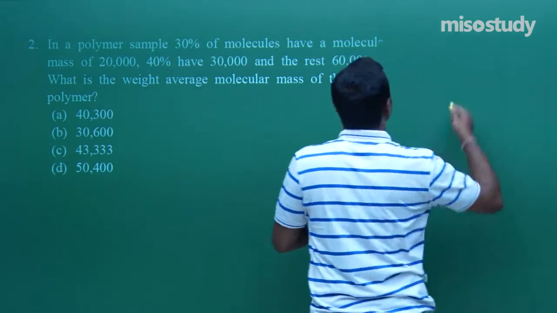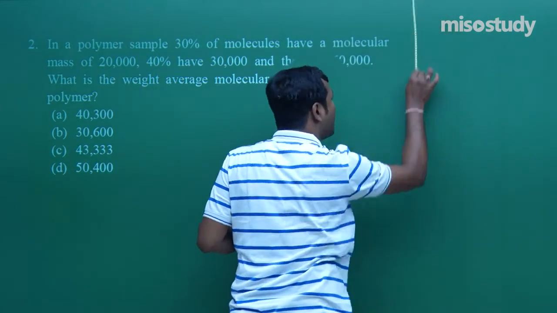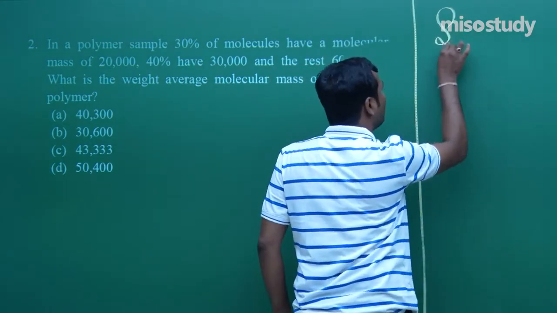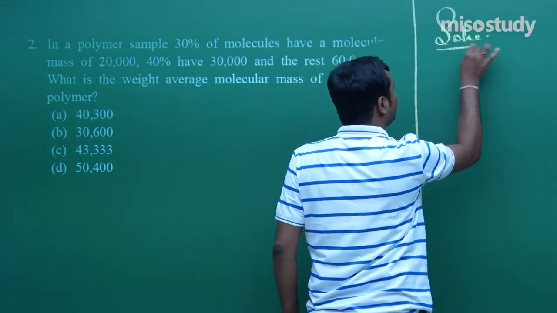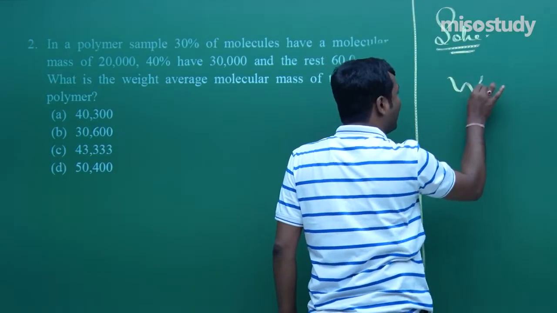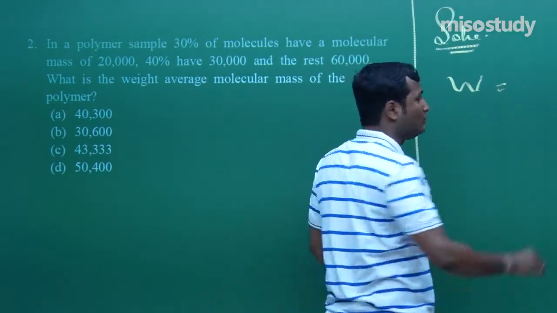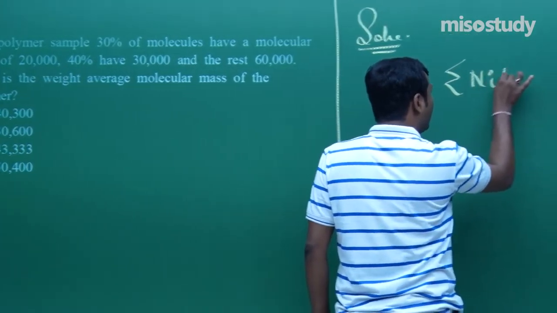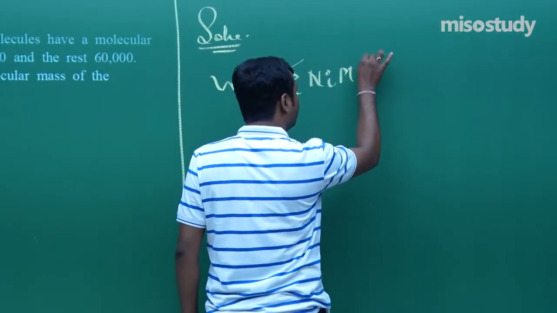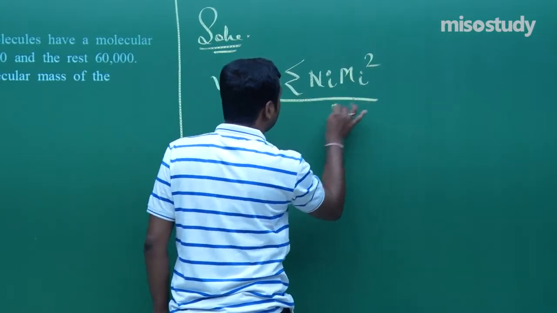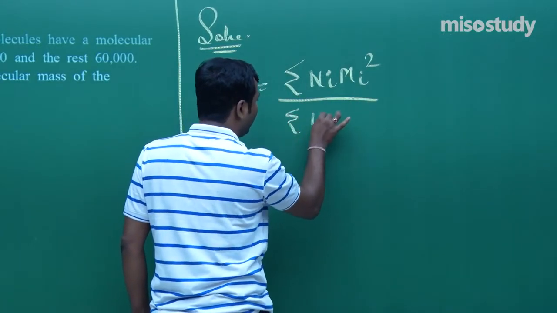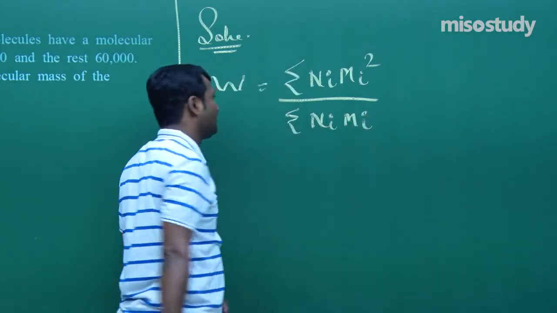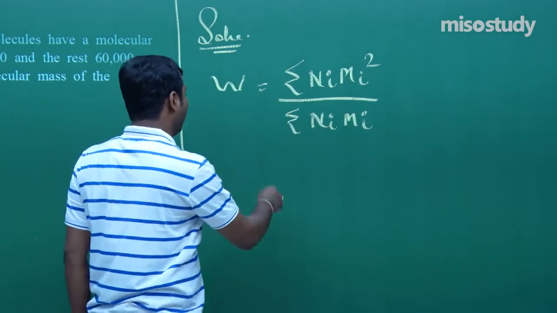Clear? This is a complete calculation-based question. The weight average will be equal to the summation of Ni Mi square upon the summation of Ni Mi. Now what is Ni?